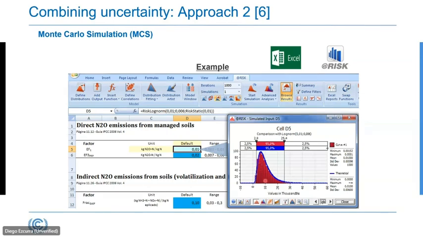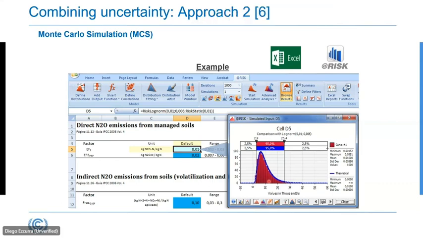So the values near this central portion will be selected more frequently, randomly, but more frequently, because they are more likely to happen than the values here or here in the tails.